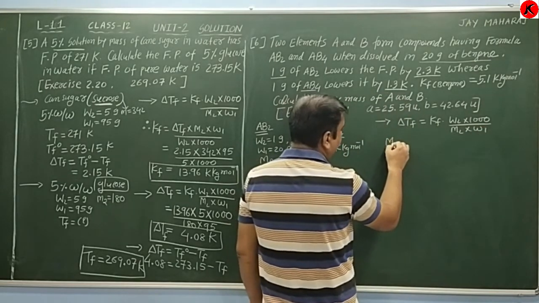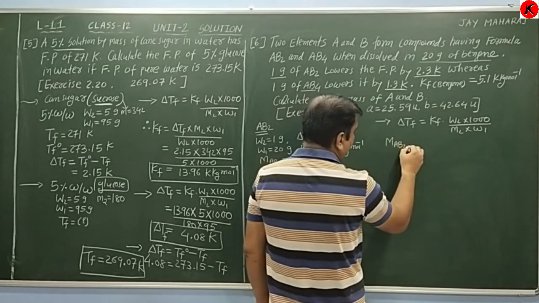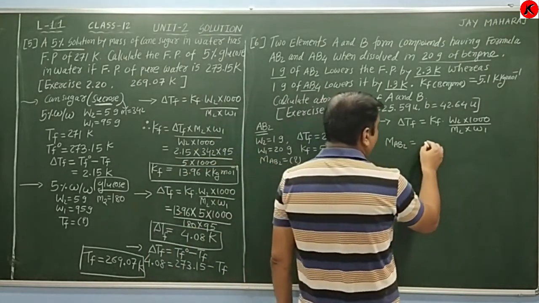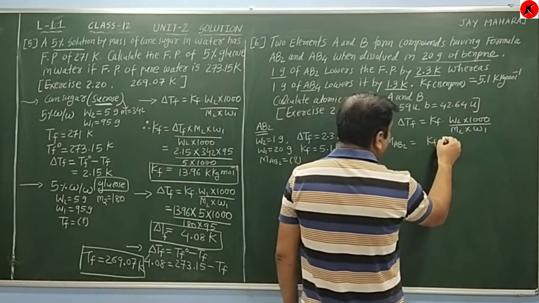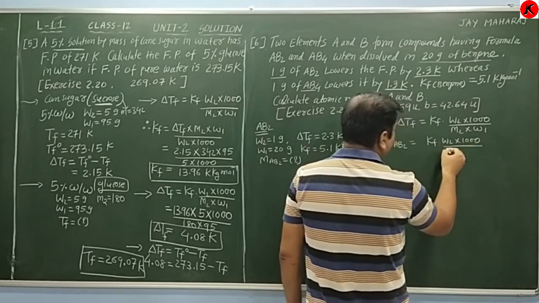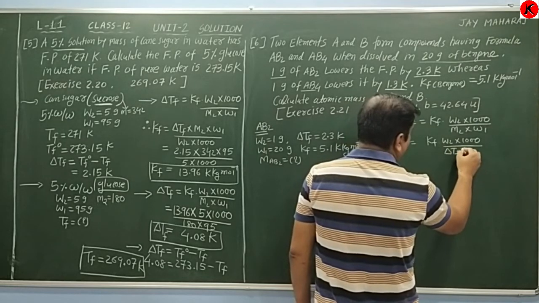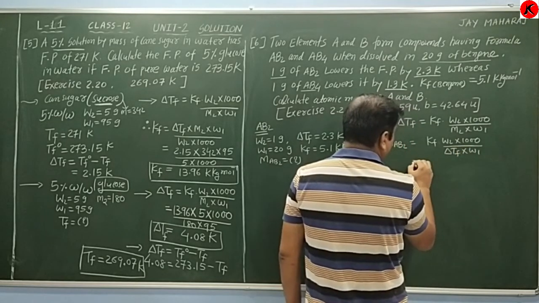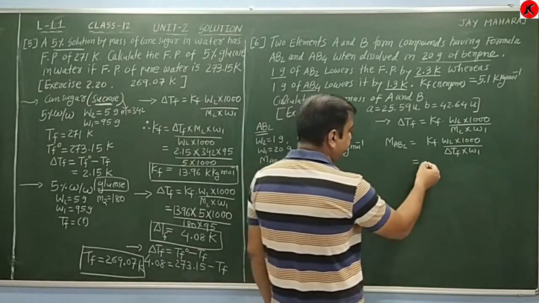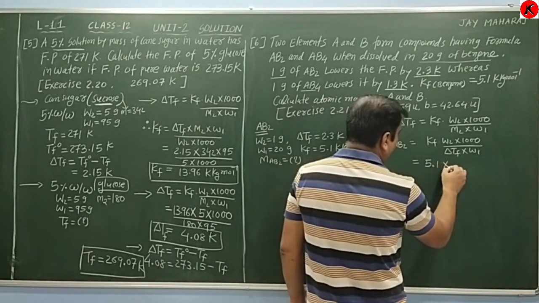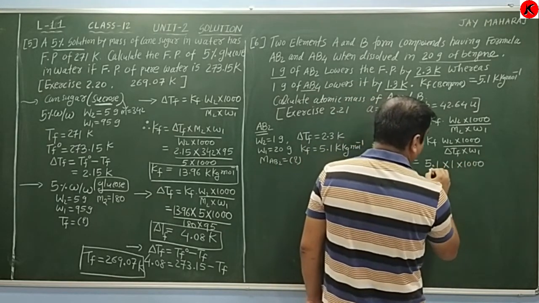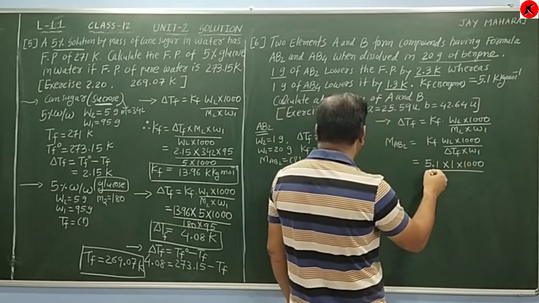That means, for the AB2 compound, molar mass equal to KF W2 into 1000 divided by delta TF into W1. The value of KF equal to 5.1. Now W2 is 1 gram, 1000 divided by delta TF.